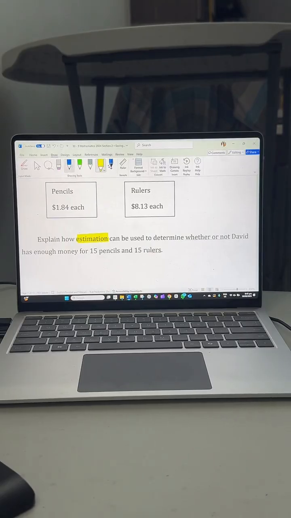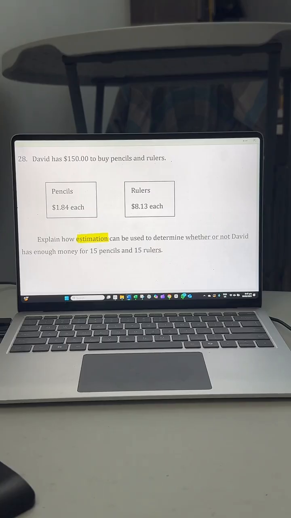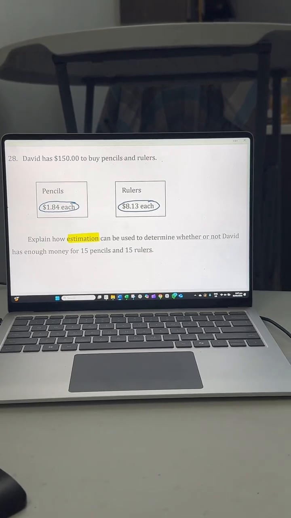When I see the word estimation, the first thing I think is to round off to the nearest dollar. That's my hint to you all. So round that off and see how it can be used.